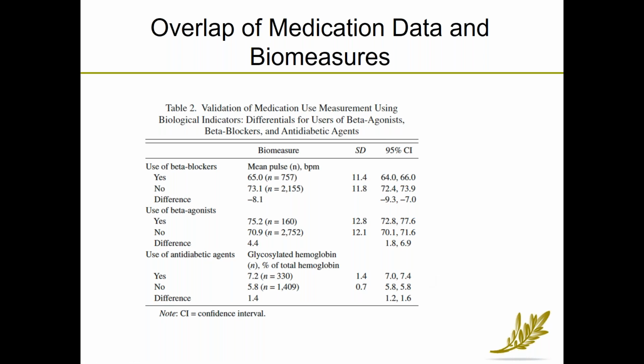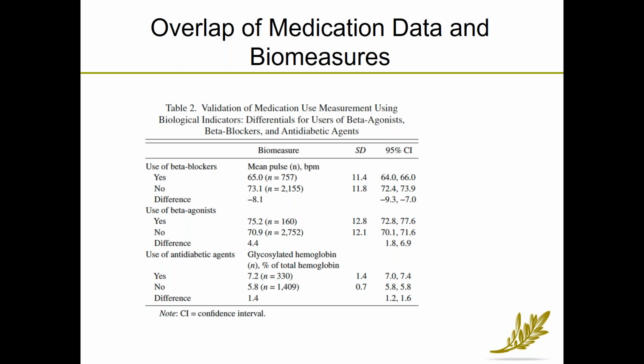So this just illustrates the overlap of two of these three forms of data, and this is an attempt to validate the medication and relate the report of taking medication with different kinds of biomeasures. One commonly prescribed drug for hypertension and cardiovascular disease prevention is a beta blocker.